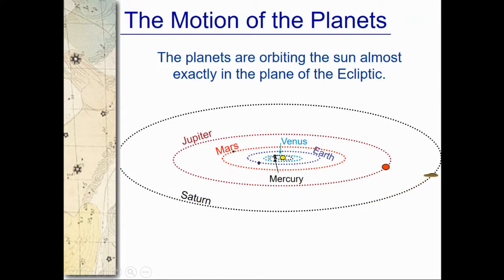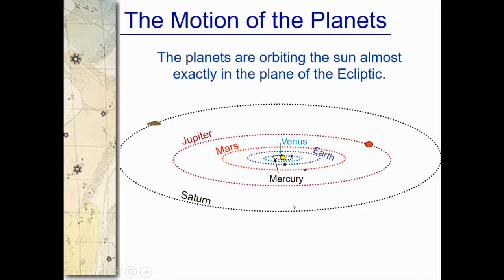And as you see in our solar system here, all of these planets are exactly or almost in the ecliptic plane. Okay, so when you look at the solar system, it's not something which is three-dimensional. It looks like a disk. And the closer the planet, the faster it is moving.